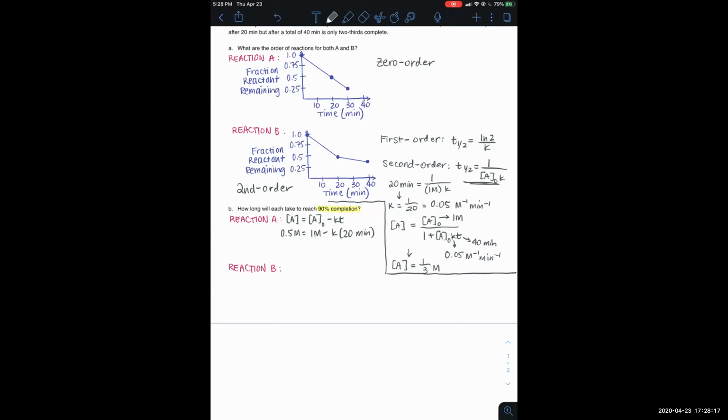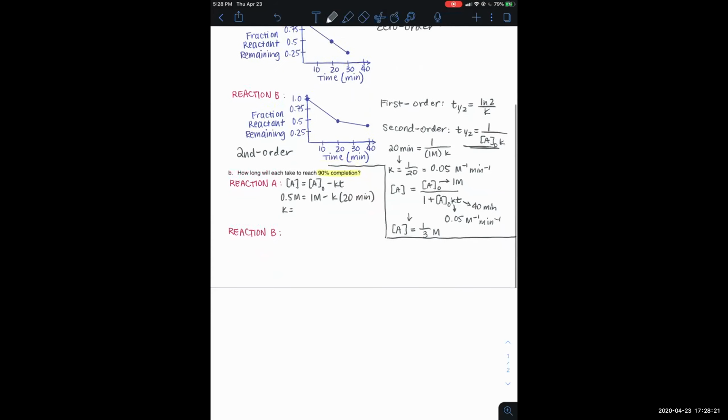Solving this equation, K is equal to 0.5 over 20 minutes, which is 0.025 molar per minute.